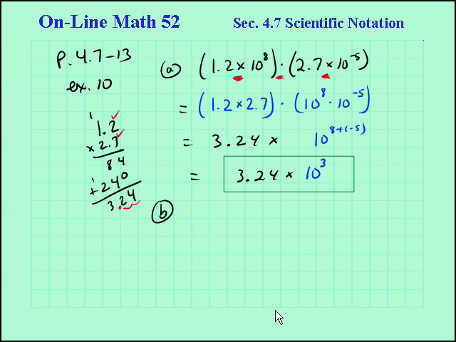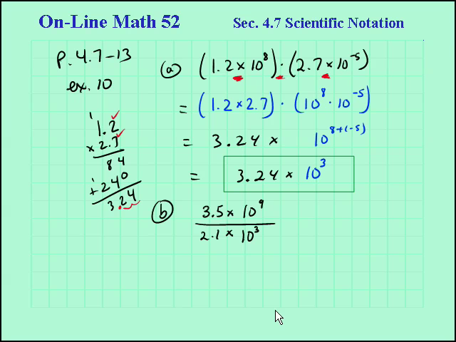Part B is a division. It says we have 3.5 times 10 to the 9th over 2.1 times 10 to the third. Wow.